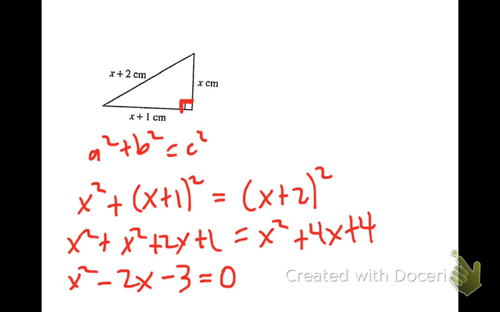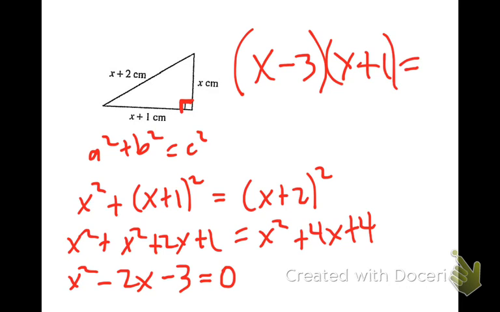So then we factor that, and that factors into what? Negative 3 and 1. So it would be x minus 3 times x plus 1 equals 0.